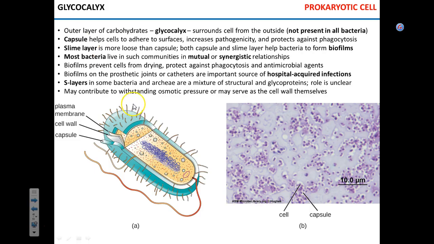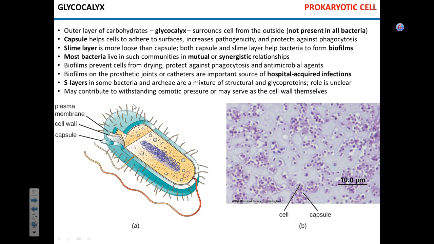So let's continue. To remind you what we finished on just an hour ago: we were talking about the envelope of bacteria, and we figured that a lot of bacteria have a cell wall, and it's outer to the membrane. Membrane, cell wall, and gram-negatives have even an outer membrane.